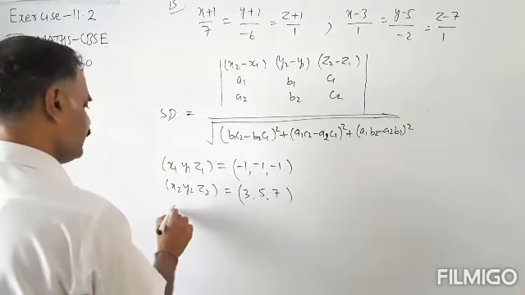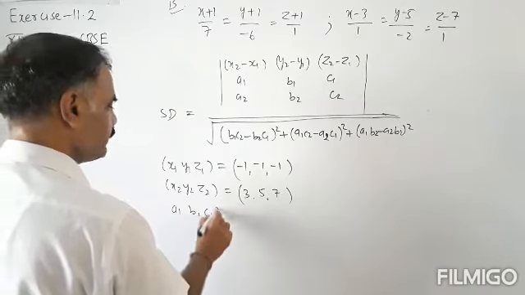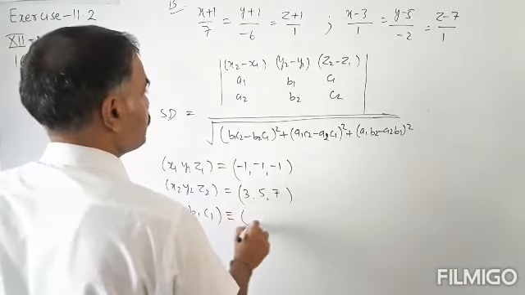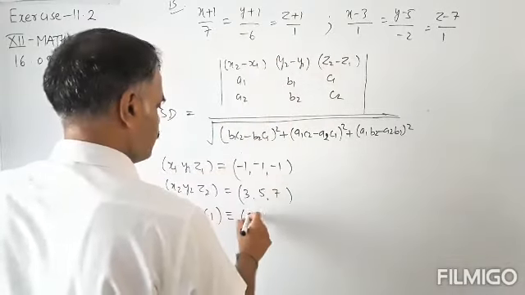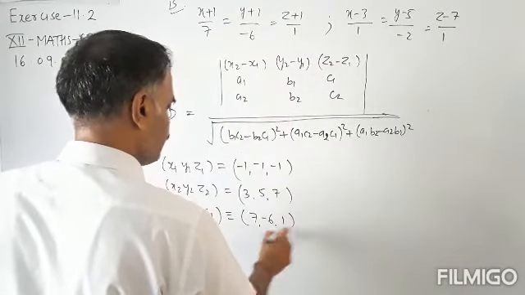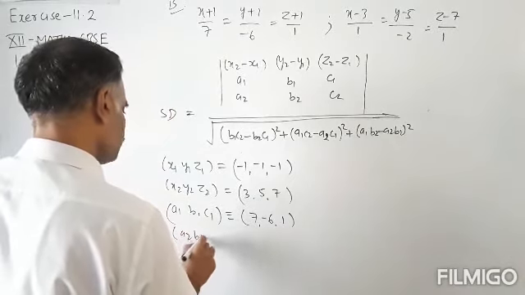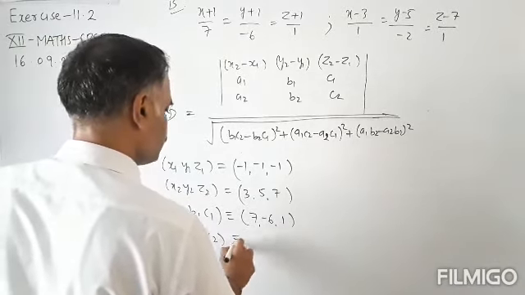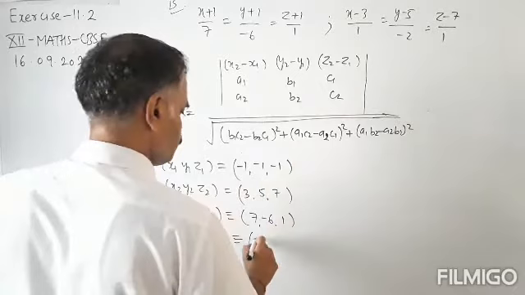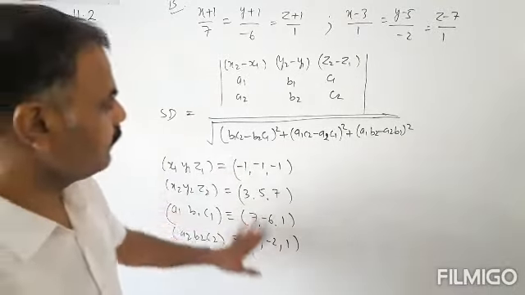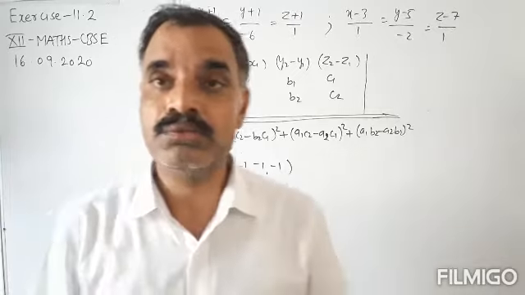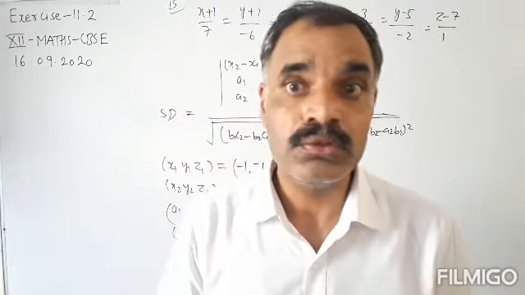Then a1 b1 c1 is 7, minus 6 and 1. a2 b2 and c2 is given as 1, minus 2 and 1. Okay, so these are the values of x1 y1 z1, x2 y2 z2, a1 b1 c1, a2 b2 c2.